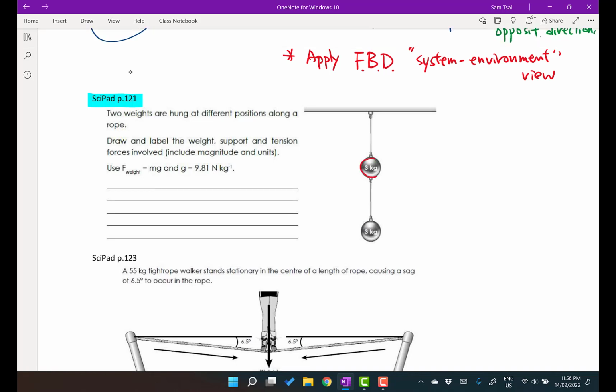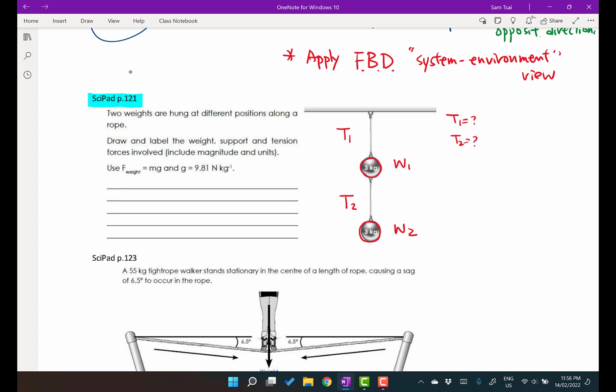This is weight 1, W1, and weight 2, W2. The tension between the ceiling and W1 is T1, and the tension below is T2. We want to know how big these two tensions, T1 and T2, are. So how big is T1?